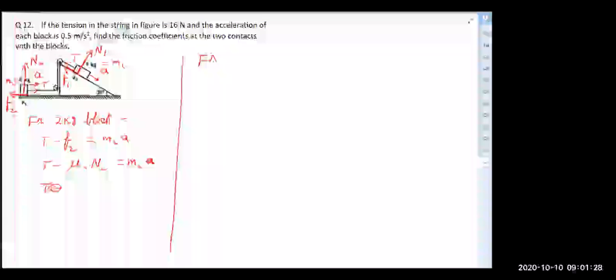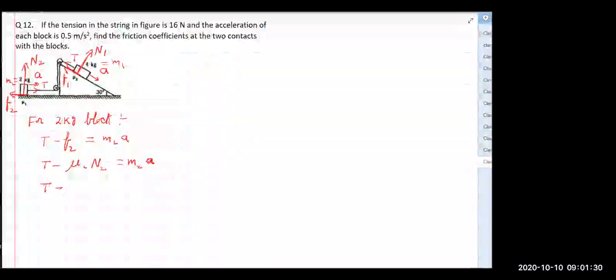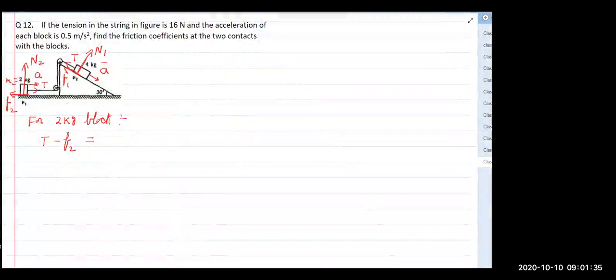So this is N2, this is mu2, this is F2. These are the normal forces, this is friction, and this is N1, suppose normal and friction. Okay, and then this is mu1.